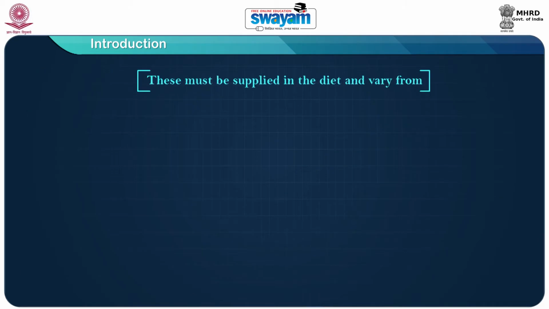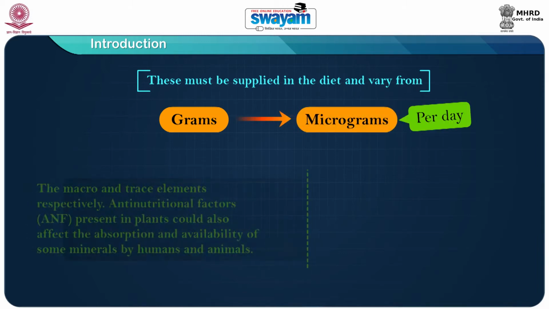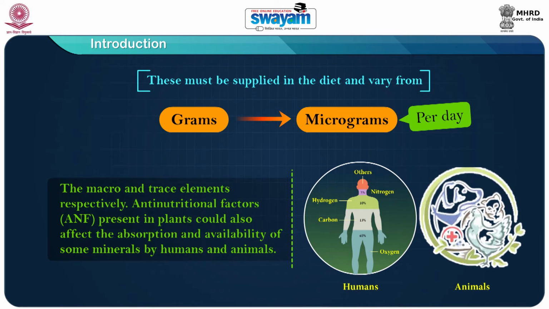These must be supplied in the diet and vary from grams to micrograms per day for the macro and trace elements respectively. Anti-nutritional factors present in plants could also affect the absorption and availability of some minerals by humans and animals.